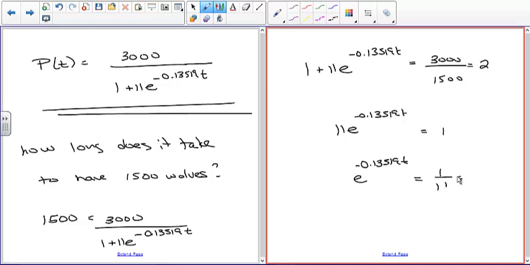which is 0.0909090. Okay, then you take the natural log of both sides.